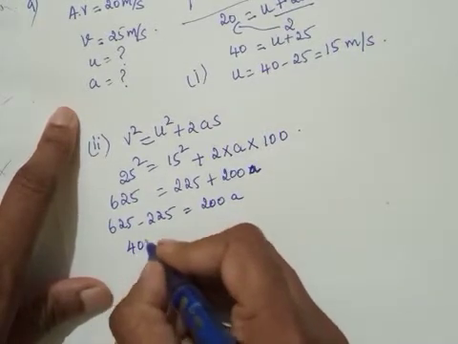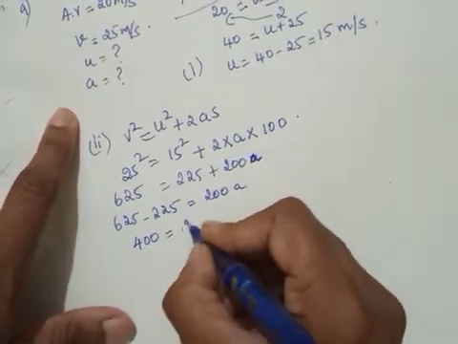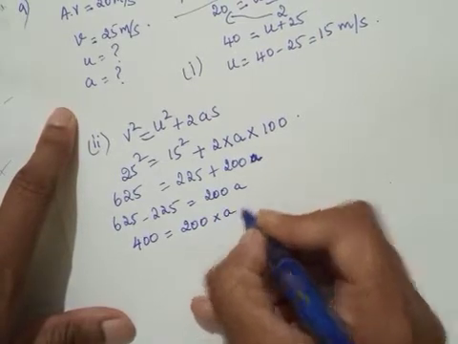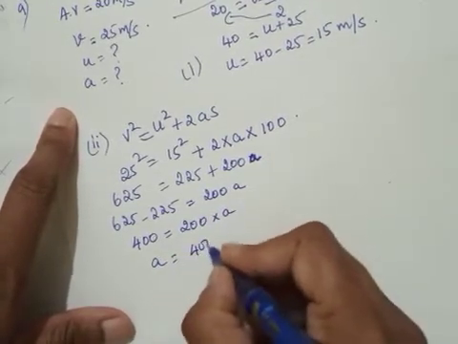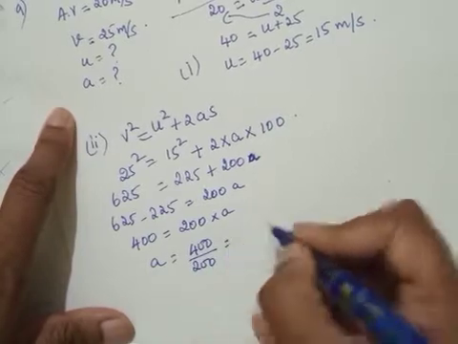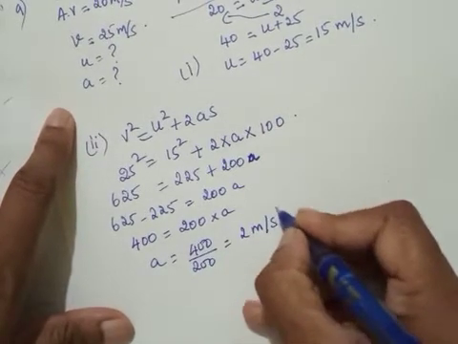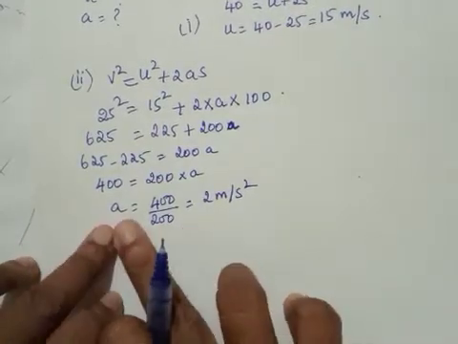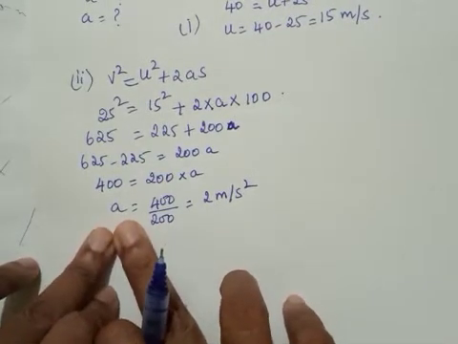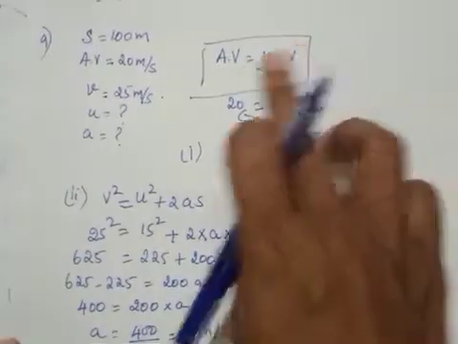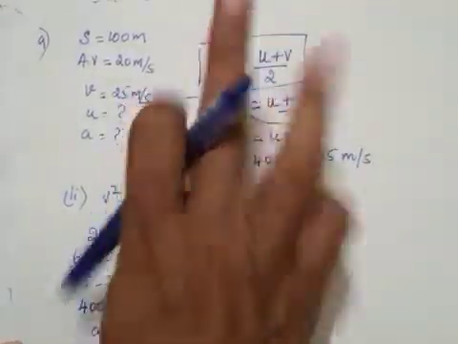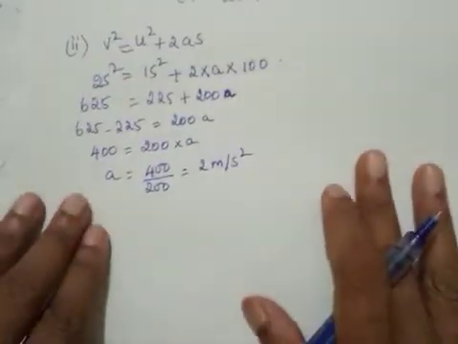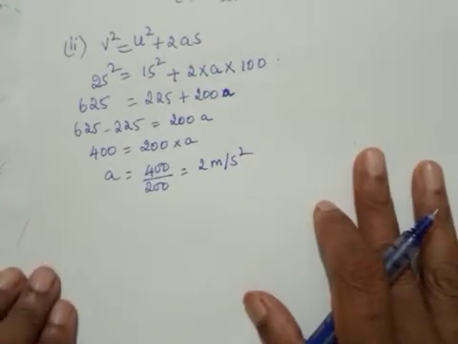This is 400 is equal to 200 into A, or A is 400 upon 200, which is 2 meter per second square. Okay, this is the acceleration, 2 meter per second square. Is it clear, children? So this is the new formula that you have to remember. Rest all is the same.